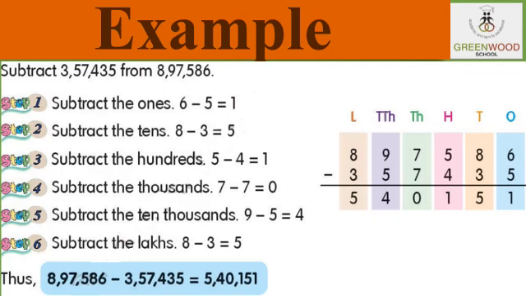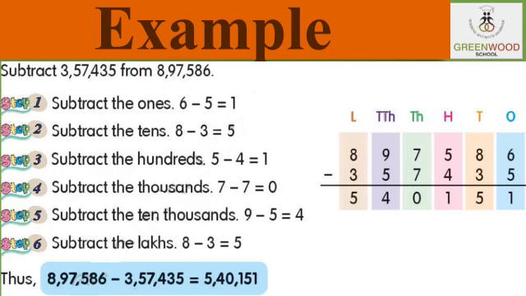6 minus 5 is equal to 1. Step 2, subtract the tens. 8 minus 3 is equal to 5. Step 3, subtract the hundreds. 5 minus 4 is equal to 1. Step 4, subtract the thousands. 7 minus 7 is equal to 0.